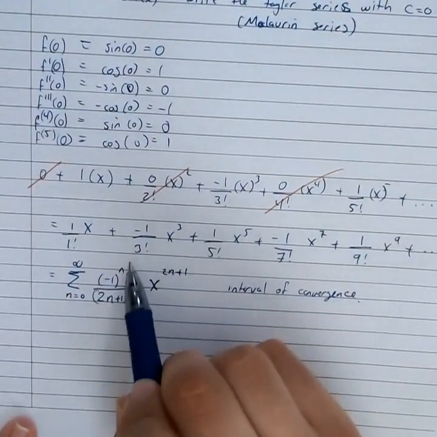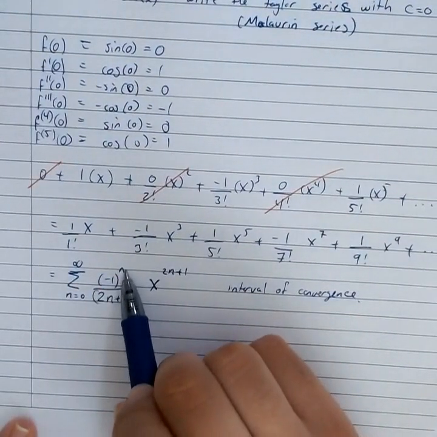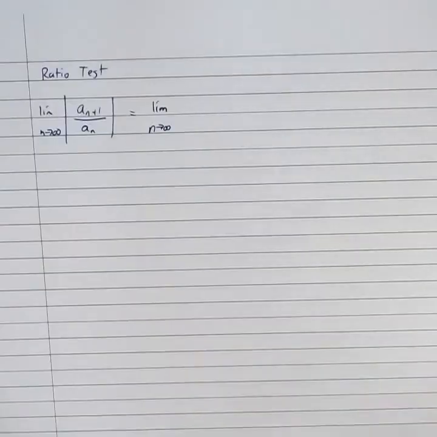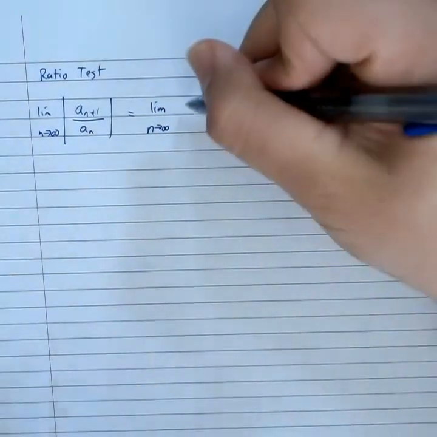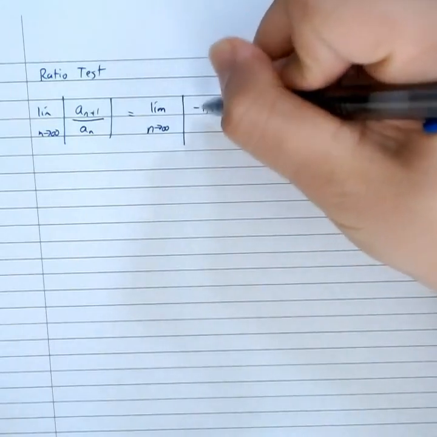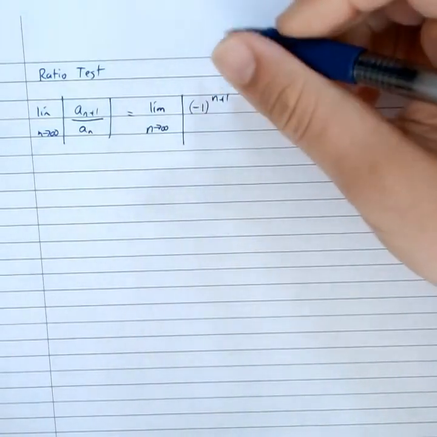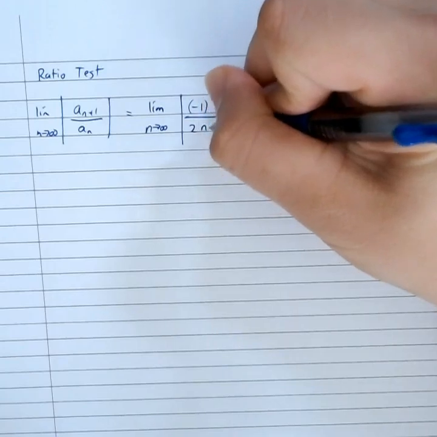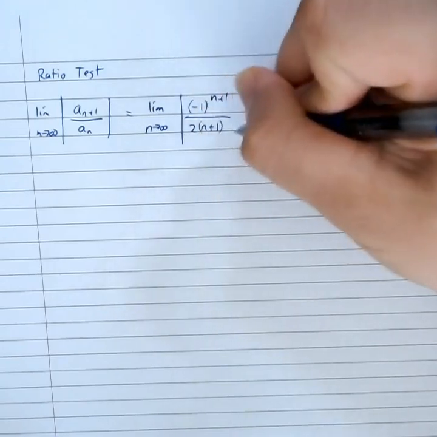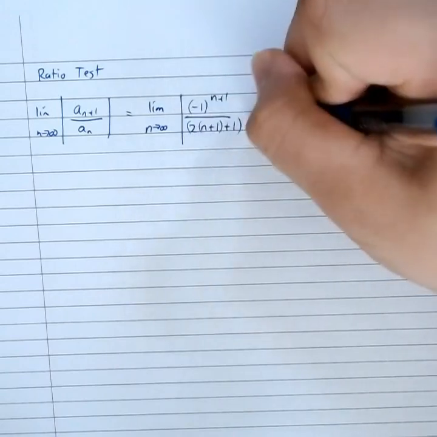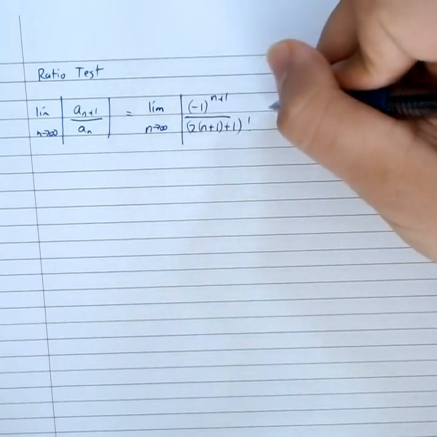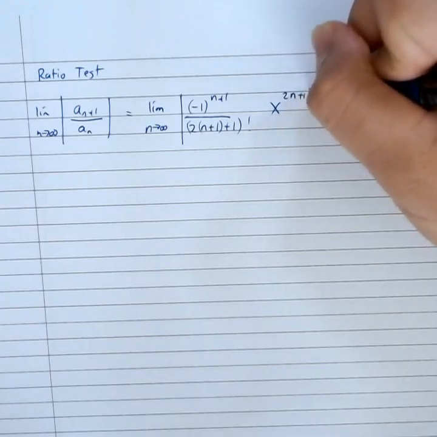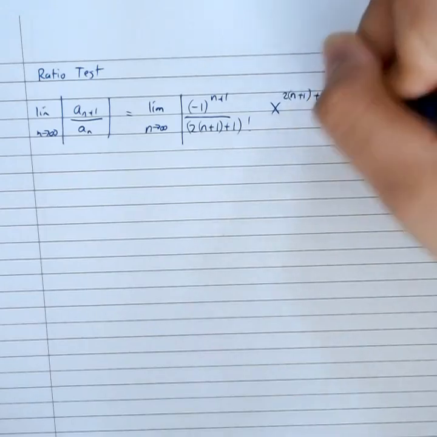We're going to go ahead and take the n plus first term, so make this n plus 1, n plus 1, and n plus 1. So that's going to be minus 1 to the n plus 1 over 2 times n plus 1 plus 1 factorial times x to the power 2 times n plus 1 plus 1.